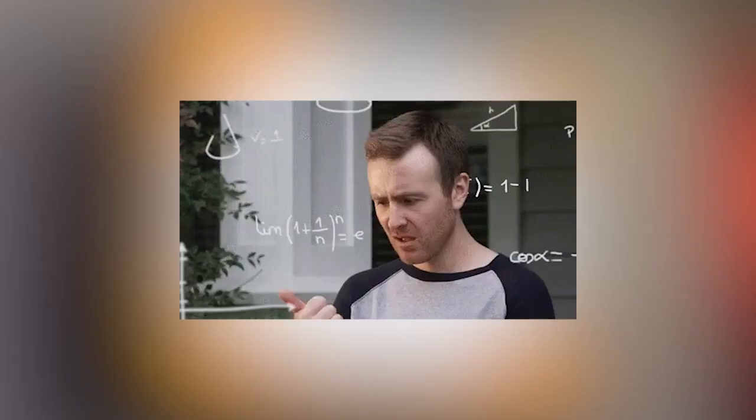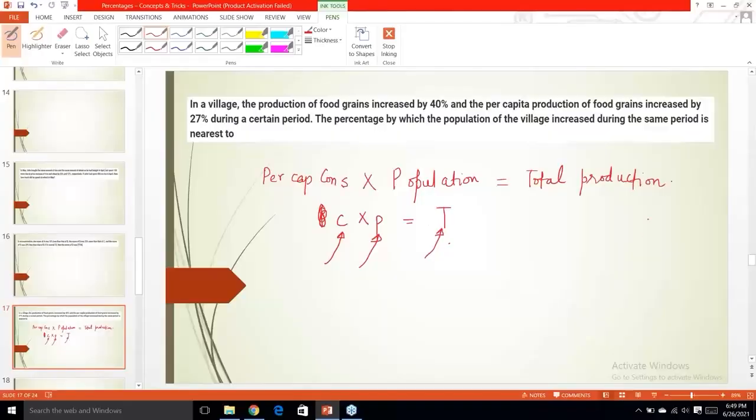So it's like calculating the effective change upon two increases on T. If you increase C, T would become T dash, and then if you further increment P, T dash would change to T double dash, and T double dash is given as 1.4T. So this is why successive change is applicable.